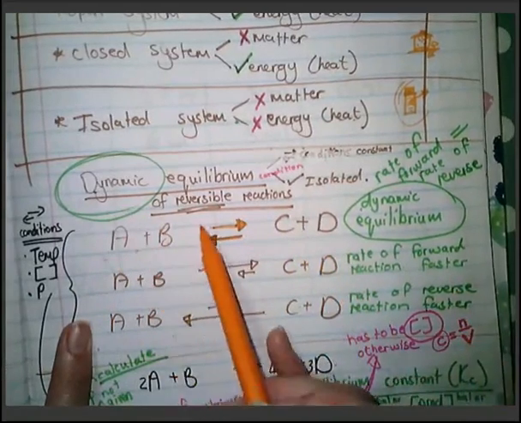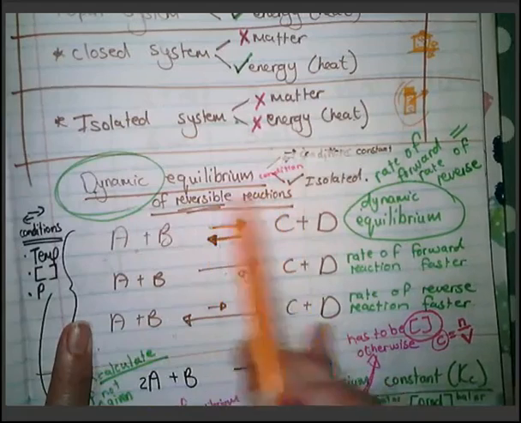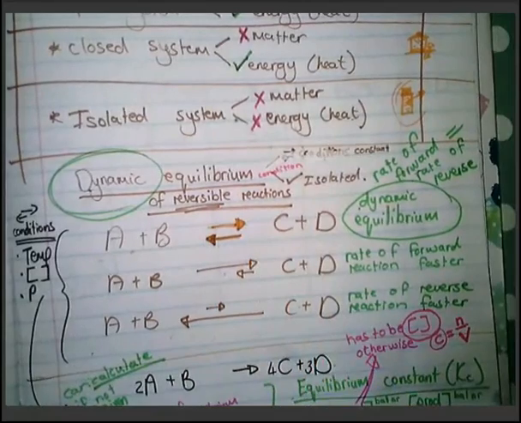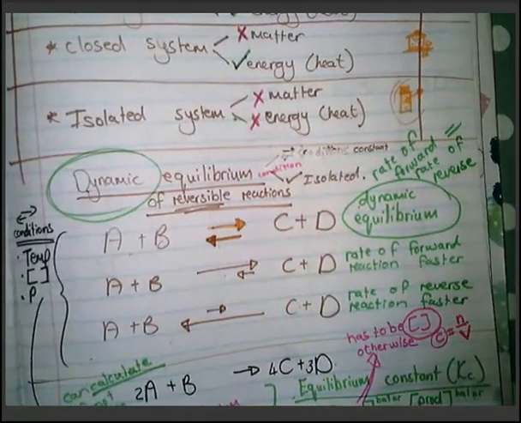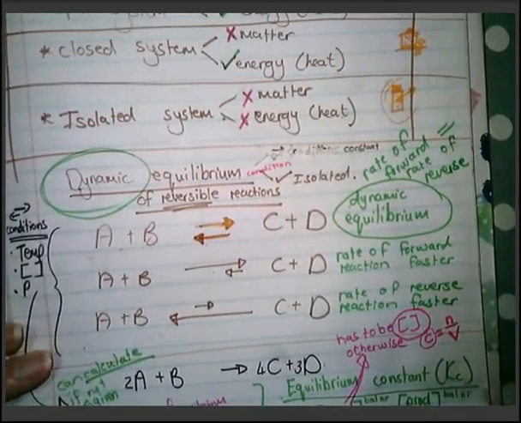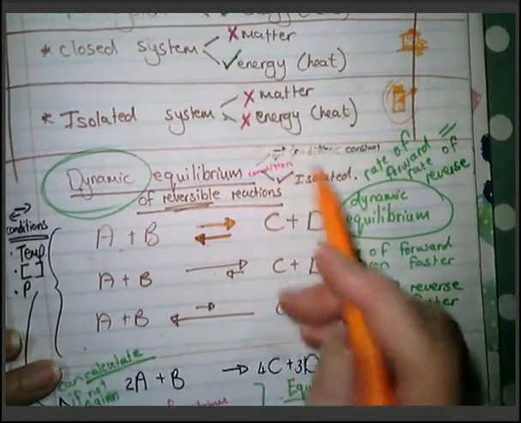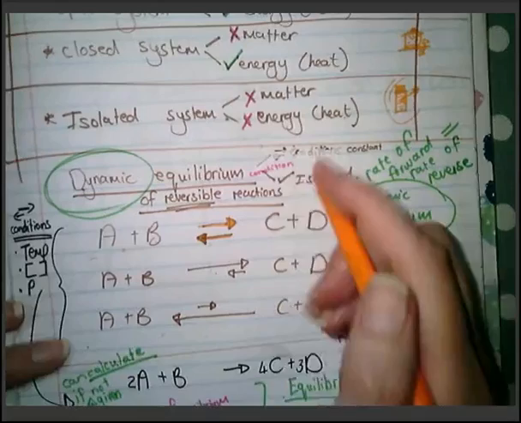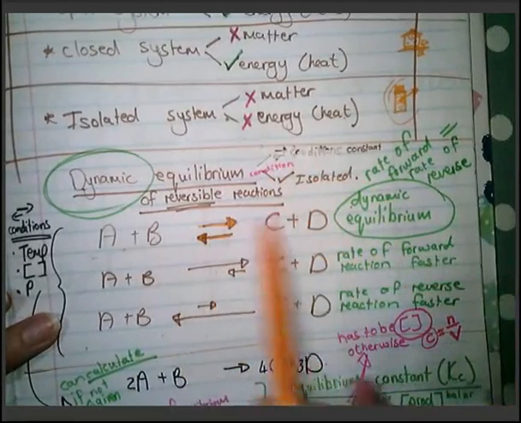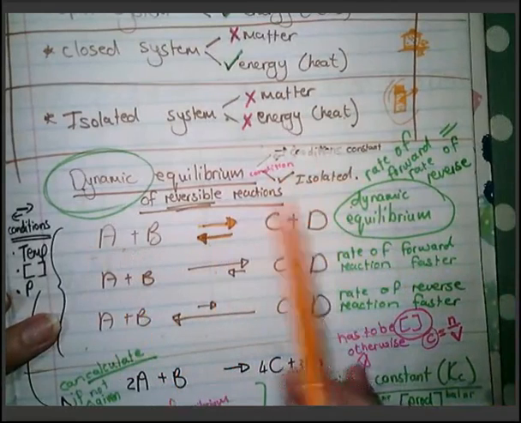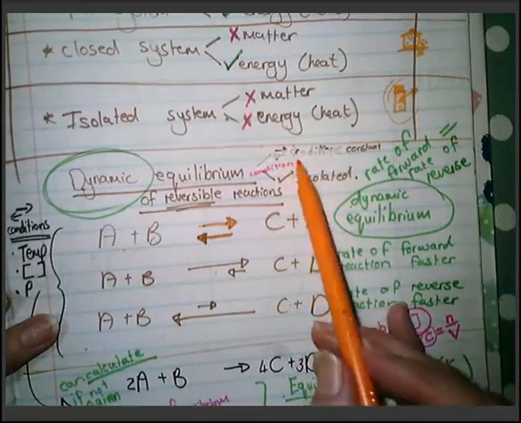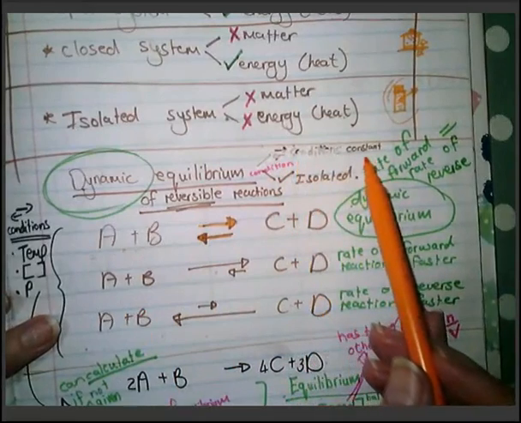Now, there's conditions for dynamic equilibrium to take place. The equilibrium conditions are that to get a dynamic equilibrium, you have to have an isolated system, and the equilibrium conditions need to be constant.